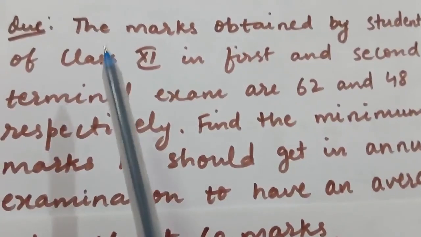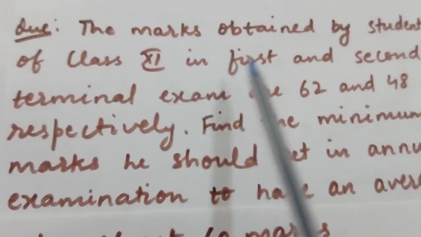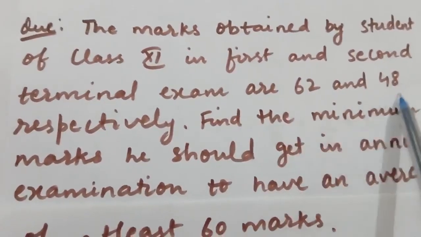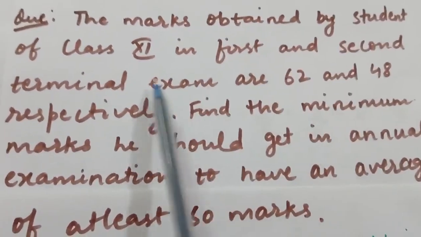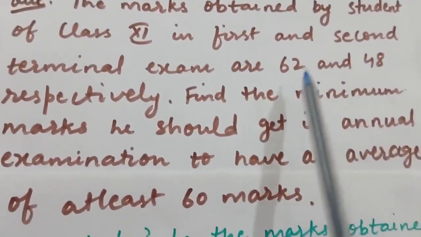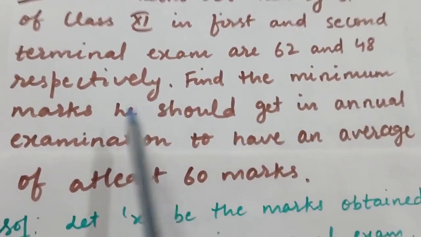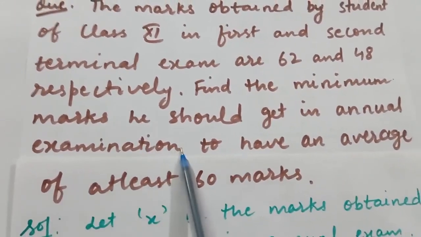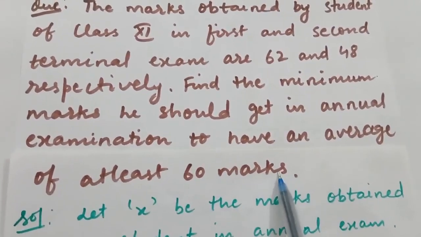So the question is: the marks obtained by a student of class 11th in the first and second terminal exams are 62 and 48 respectively. Find the minimum marks he should get in the annual examination to have an average of at least 60 marks.